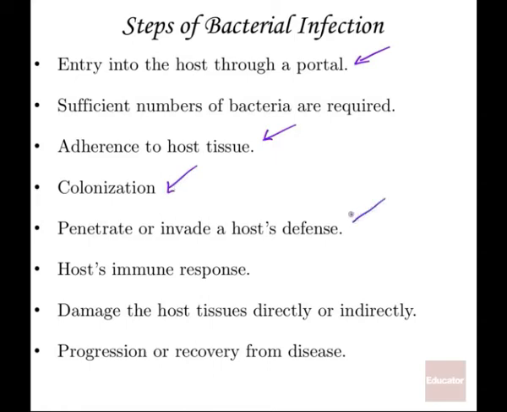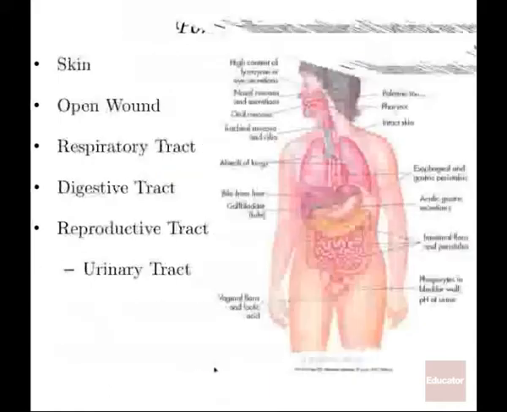It needs to overcome host defenses, which are, as I explained earlier, quite numerous. And the bacteria need to actually survive the host immune response. And the bacteria will certainly damage the tissue both directly and indirectly, and we're going to have a long discussion about that. And then certainly the organism can progress or recover from this bacterial infection.